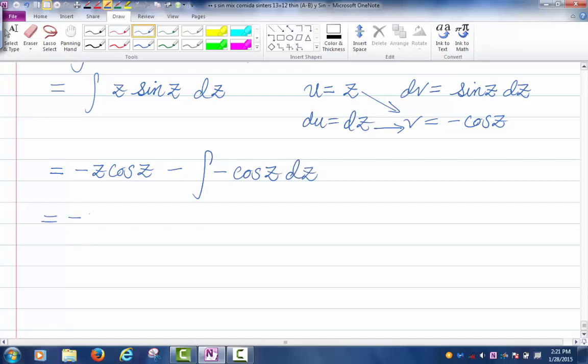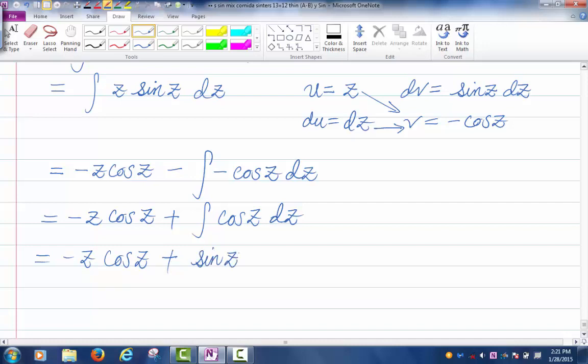Which means I have negative z cosine z plus the integral of cosine z, which is negative z cosine z plus sine z.